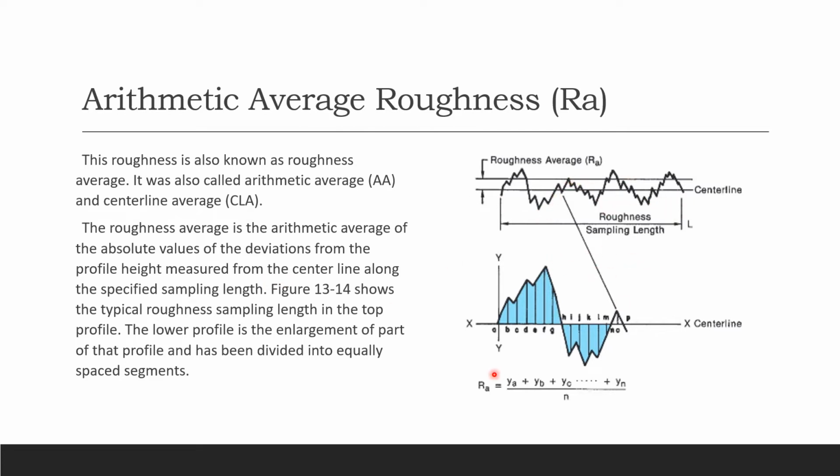That's how we study if your surface is smooth or flat or has a lot of dents or nicks or little mountains. The lower profile is an enlargement of part of that profile and has been divided into equally spaced segments. It's just showing you that from A all the way to P, they're all equally divided segments.